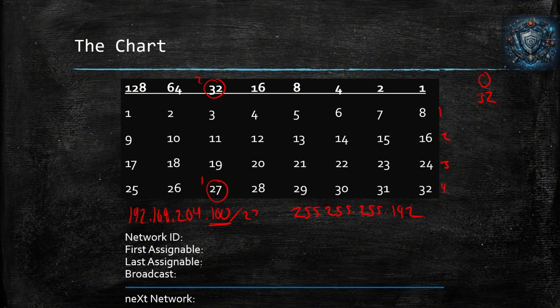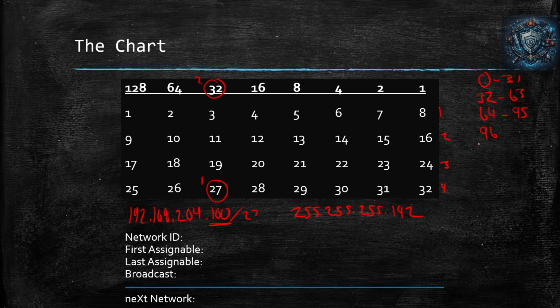The 0 to 32, we have a range of 0 to 31 for our first network. Does 100 fall within there? Nope. Does it fall within 32 to 63? Nah. Fall within 64 to 95? Nope.